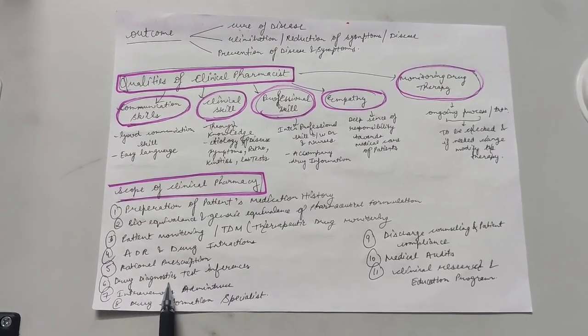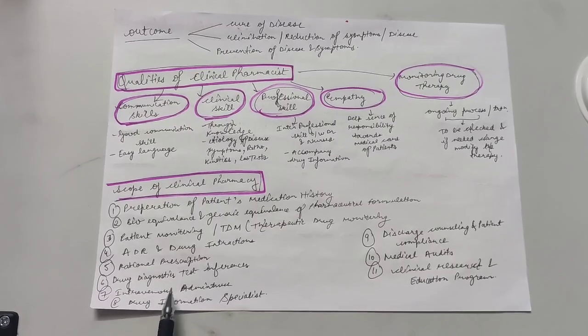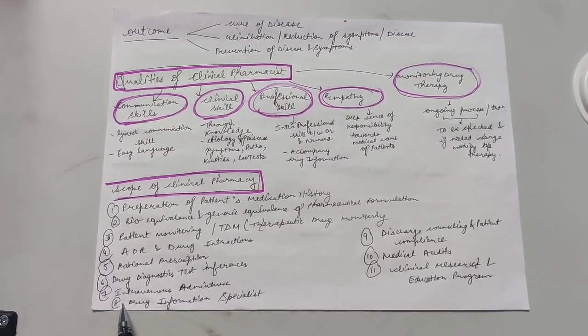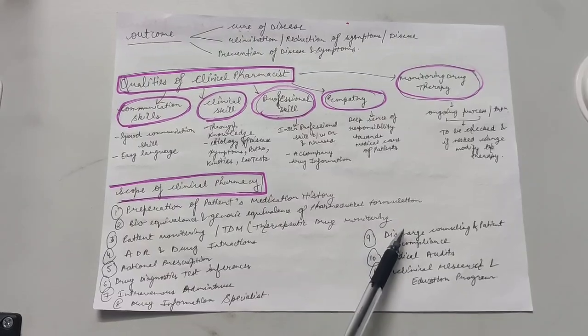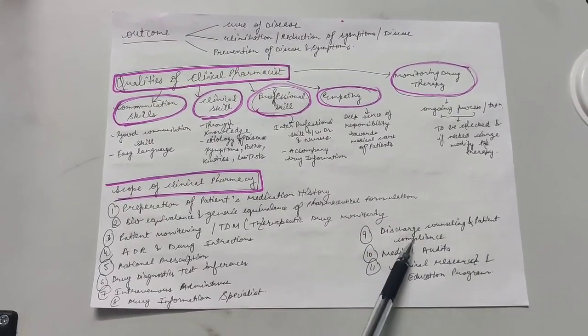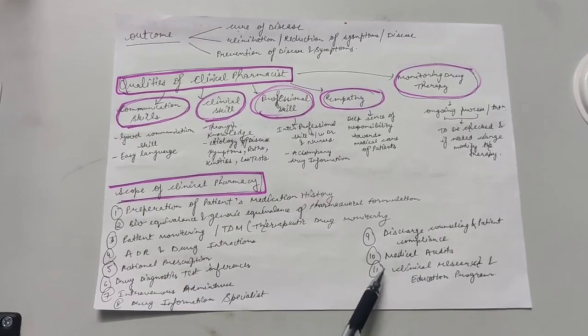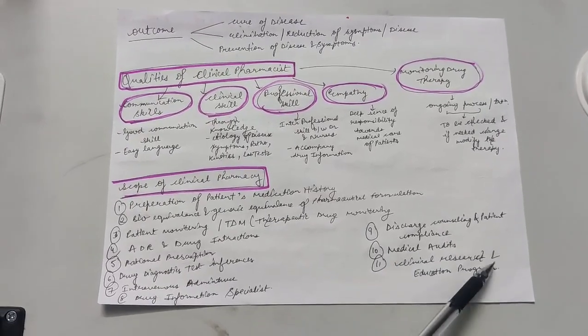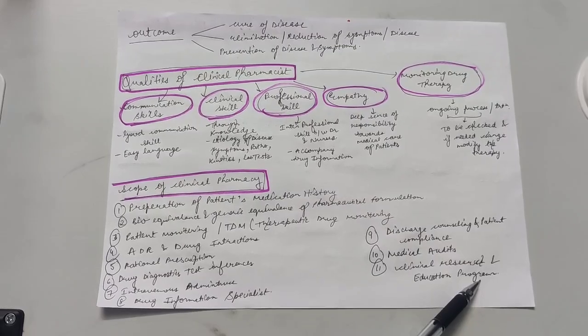Sixth, drug diagnostic test inference. Seventh, intravenous admixture. Eighth, drug information specialist. Ninth, discharge counseling and patient compliance. Tenth, medical audits. Eleventh, clinical research and education programs. Now we will discuss them in detail.